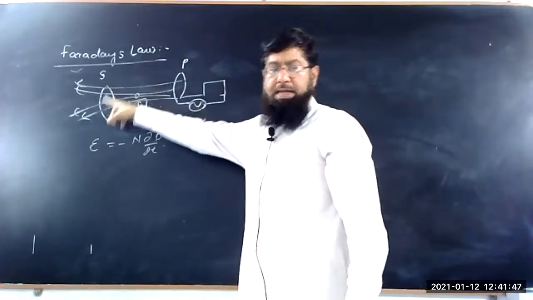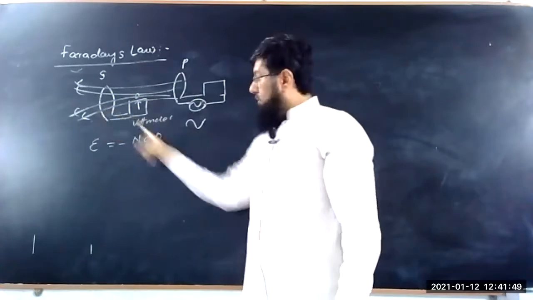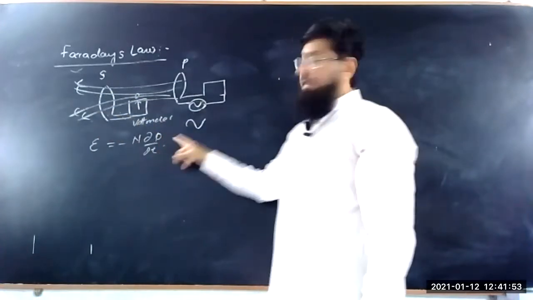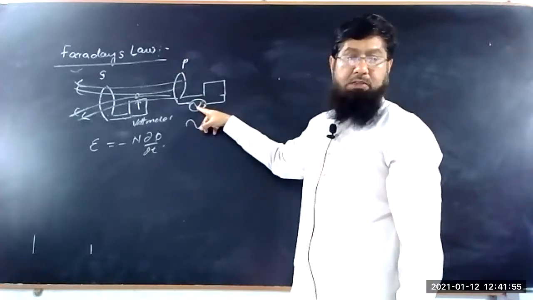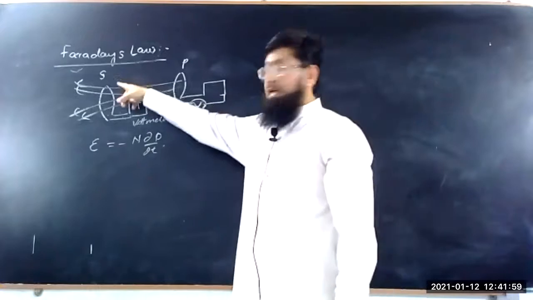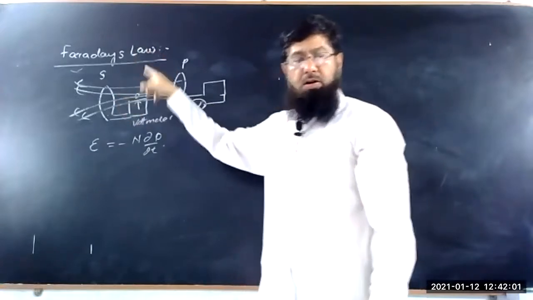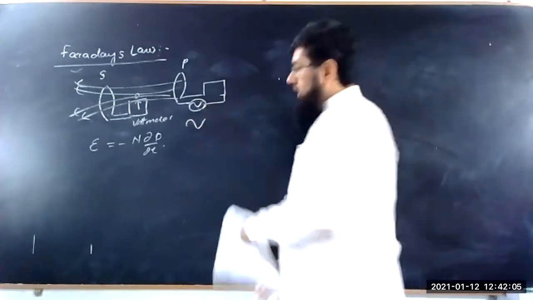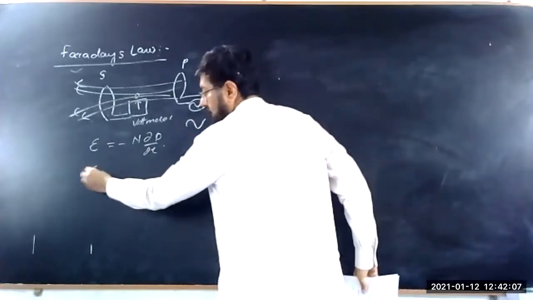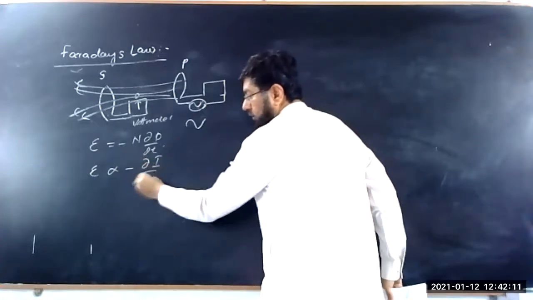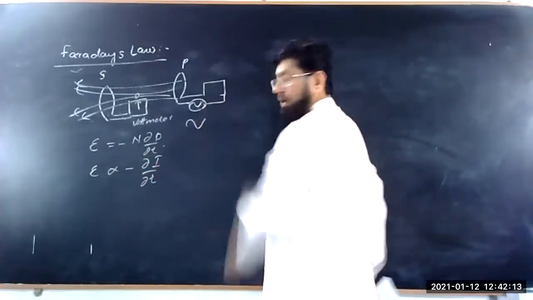Similarly, the EMF in the secondary coil depends upon the rate of change of flux, and this rate of change of flux depends upon the rate of change of current. So the EMF in the secondary coil depends on the rate of change of current in the primary coil.